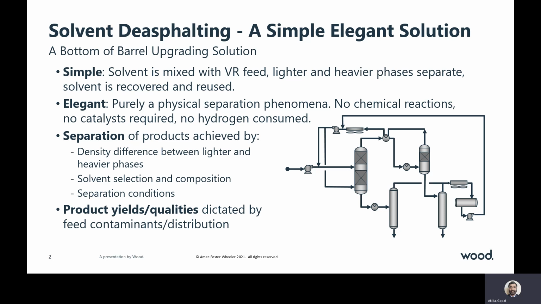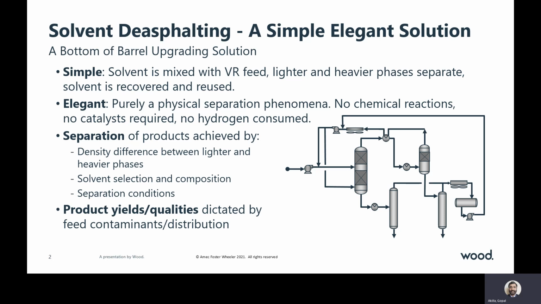Separation of products is achieved by density difference between lighter and heavier phases, solvent selection and composition, separation conditions. Now, product yield and quality is dictated by the feed contaminants and their distribution.